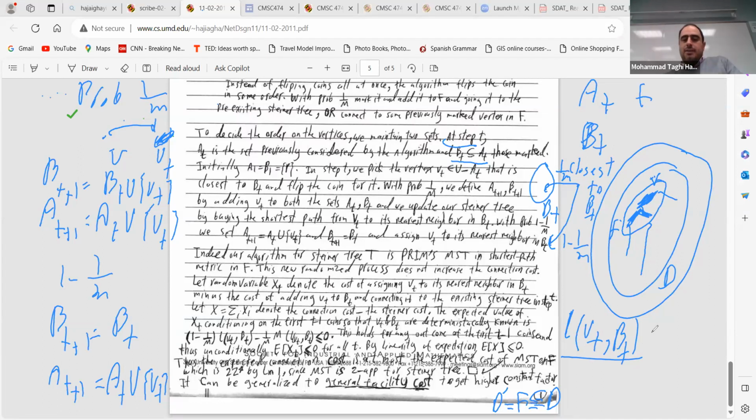With probability 1 over m, it will be selected as a Steiner, like one of these facilities. Then in this case, I will pay m times L of BT and BT.